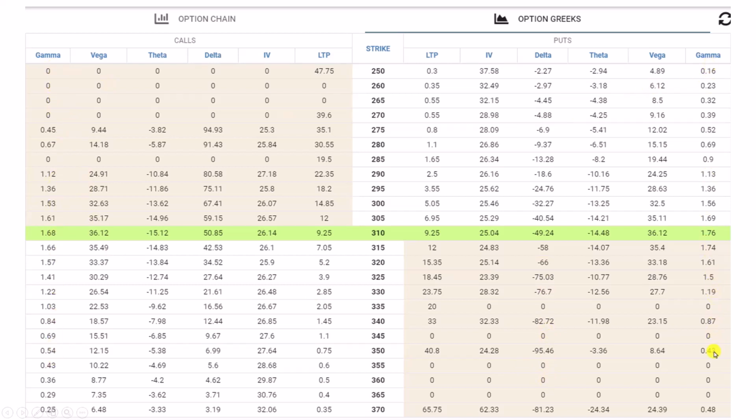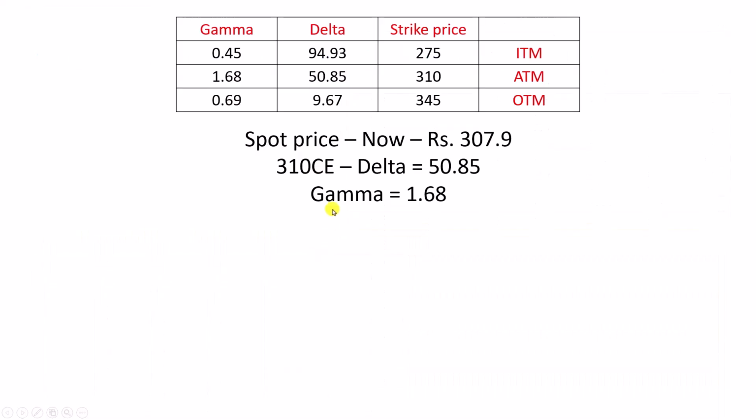I will take the example of only this strike price, 310. If you see 310, delta is 50.85 and gamma is 1.68. For 310 strike price, delta 50.85, gamma is 1.68.